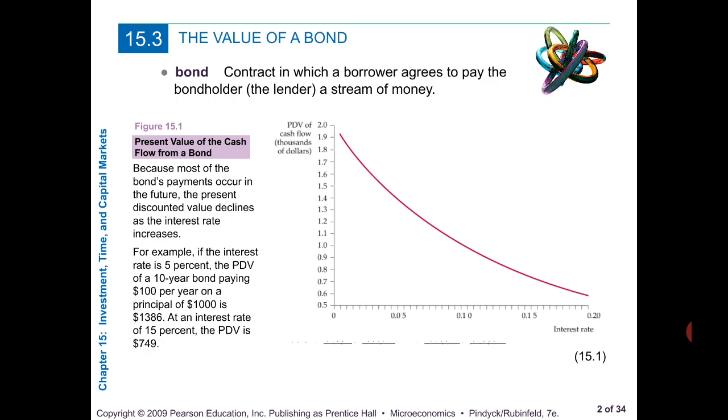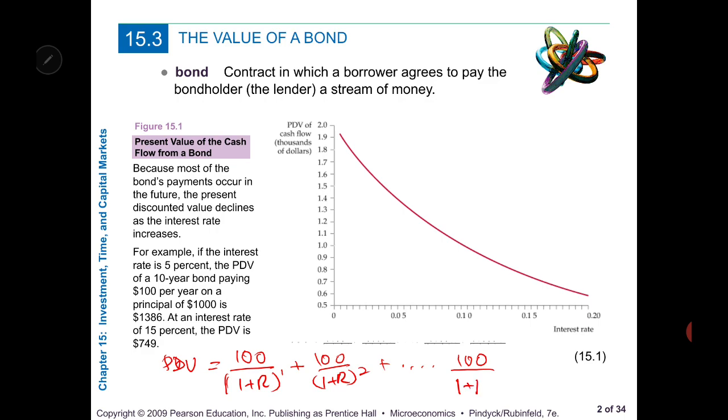So in this case, the PDV formula is going to be very straightforward. The PDV is going to be 100 over 1 plus R to the power of 1, because you only start receiving payment after the first year, and then the second year and so on until the last year.